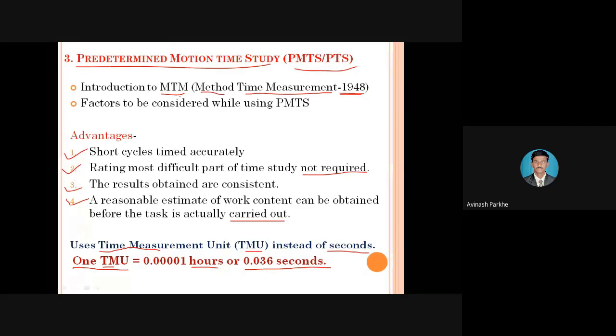Whatever movement is taking place by that operator is recorded in advance by using the PMTS. For example, operator number 1 has to move from work station 1 to 2, 1 minute is required. He has to move from second to third, 2 minutes are required. Like that, in advance, I am deciding how much time is required to move from one station to the second, second to third, third to fourth.